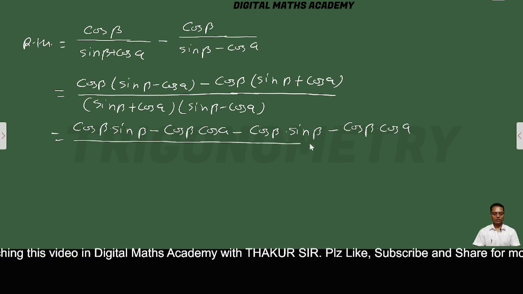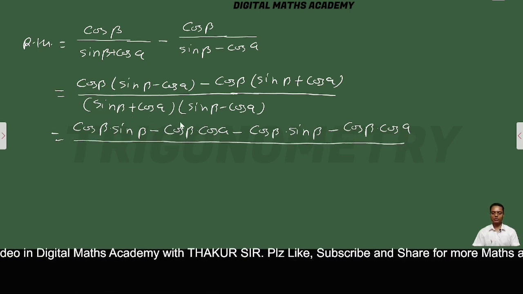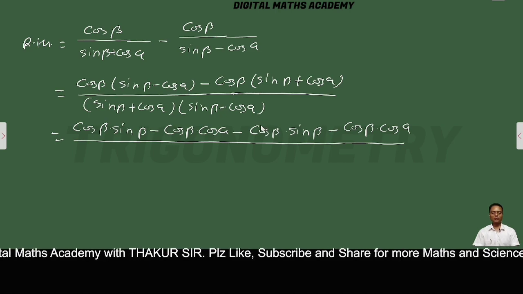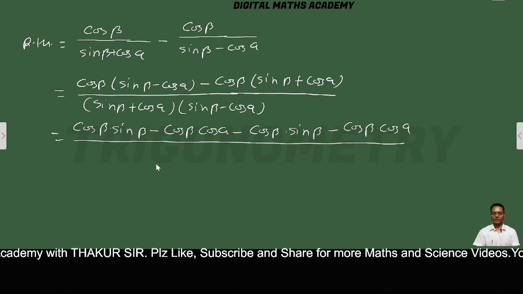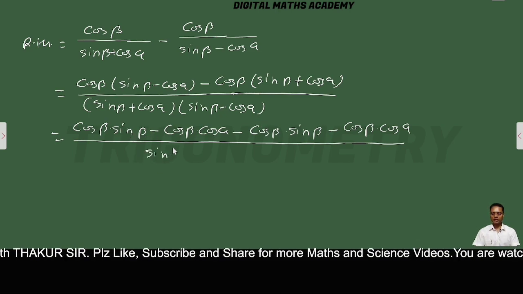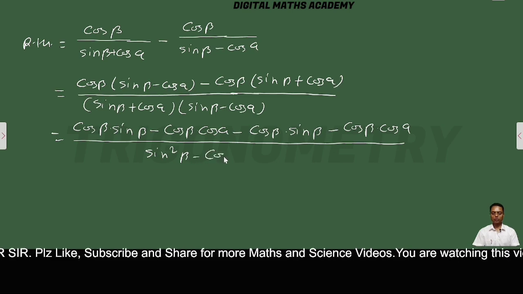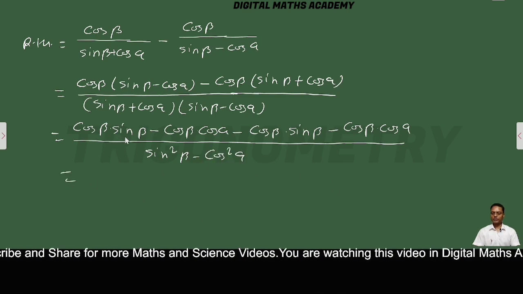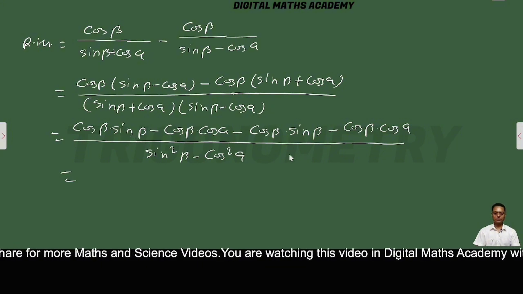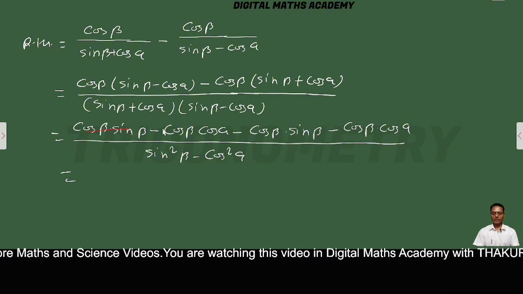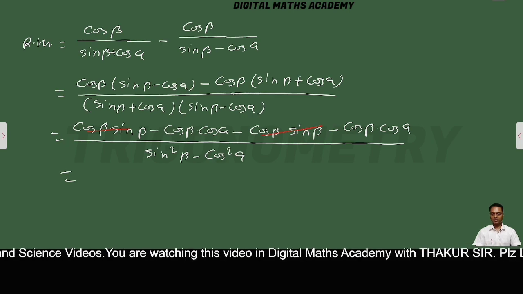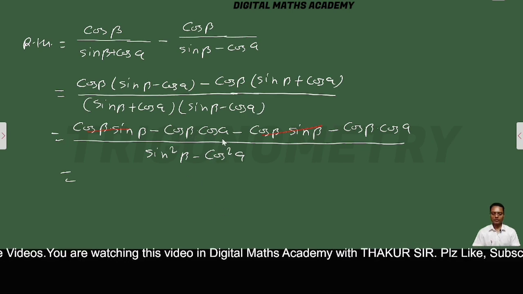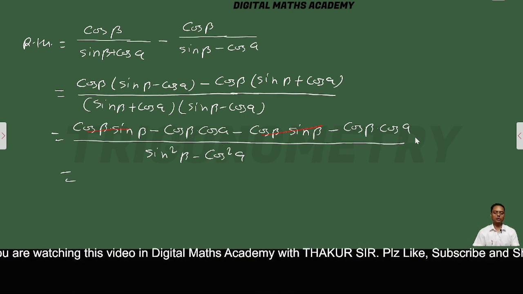So at the denominator we have sin beta plus cos alpha and sin beta minus cos alpha, that is in the form of a plus b, a minus b. So you can write here sin square beta minus cos square alpha. So now we can see here cos beta dot sin beta and cos beta dot sin beta, plus and minus can be cancelled. So remaining we have minus cos beta dot cos alpha and minus cos beta dot cos alpha.